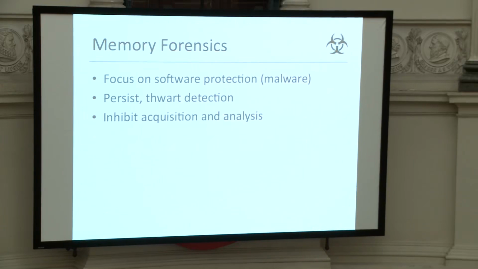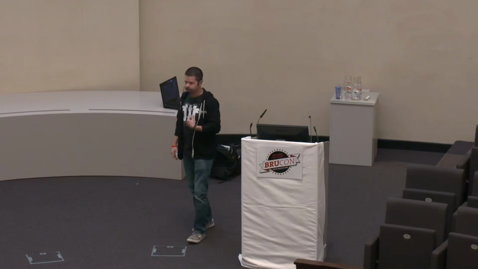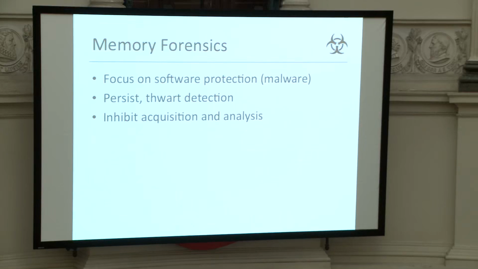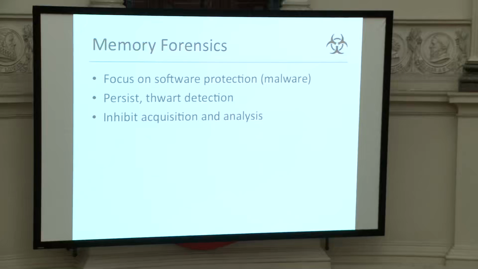Okay, let's talk about memory forensics. I work on a red team currently, and my thought about memory forensics was focusing on software protection, but from the context of malware. I'm on red team, so I don't use something like MSFvenom. We write our own malware, and developing a whole new tool chain is a lot of investment in resources. So we don't want any of our malware getting picked up or analyzed by our blue team.